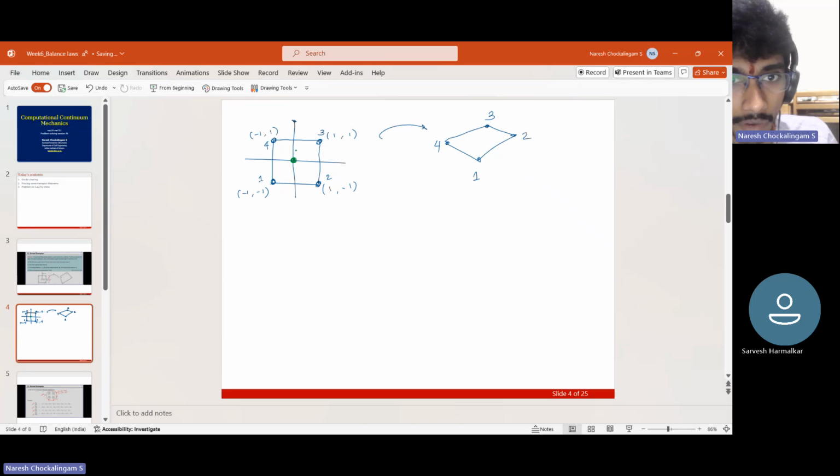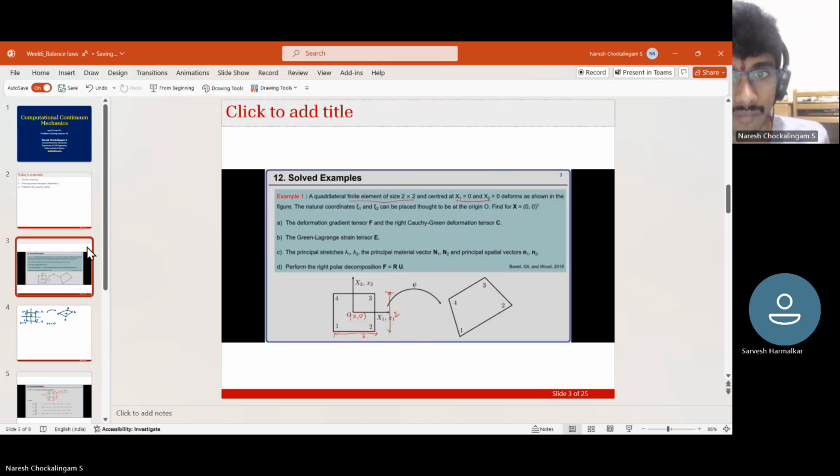Let us call this material point P. As this square deforms, this material point will be somewhere here. It may no longer be at the center, but it will go to another small p, let us say. So initially, the coordinates of the point capital P are 0, 0. And as it deforms, it goes to some other point. We'll see what that point is.